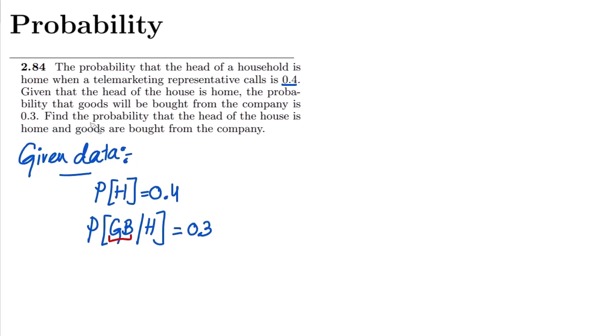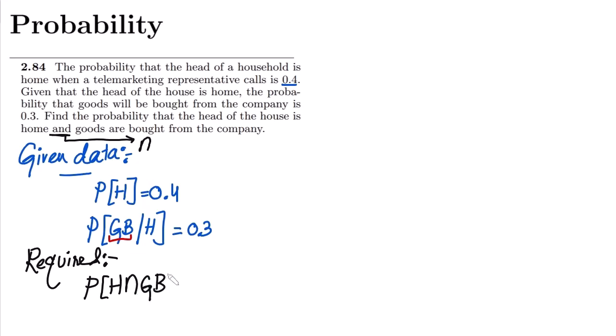So now in order to find the probability that the head of the house is home and goods are bought from the company, here we can very easily see that the word and has come up, so this and is usually, as I have previously told you, represented by this intersection sign. So what do I have to find out? I have to find out the probability that the head of a house is at home and goods are bought. Okay, so I have to find out this one.